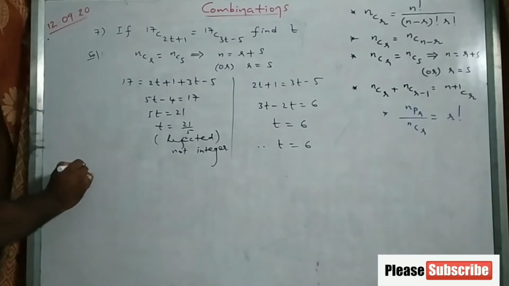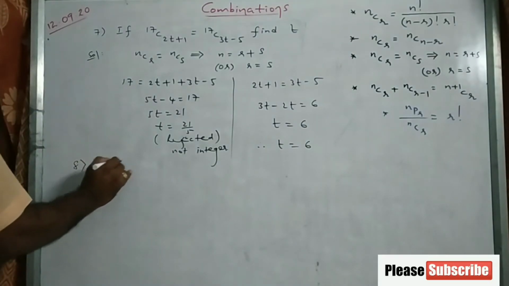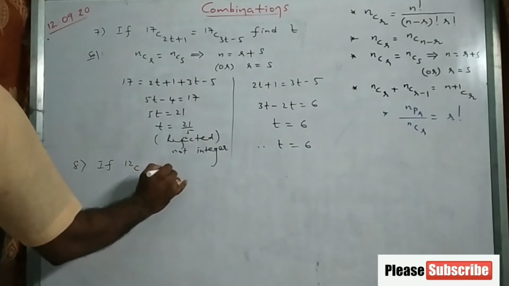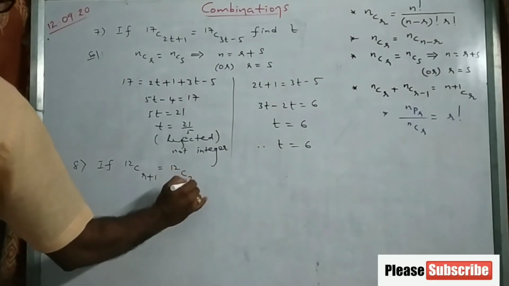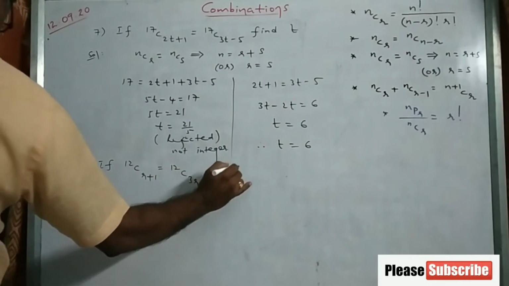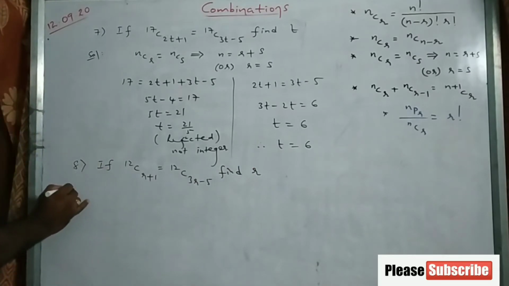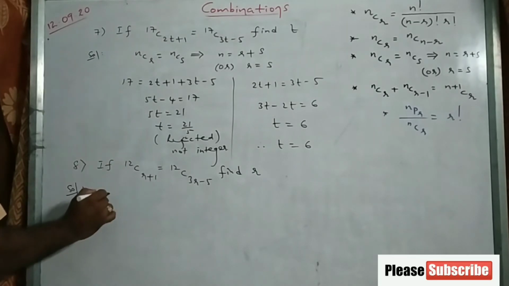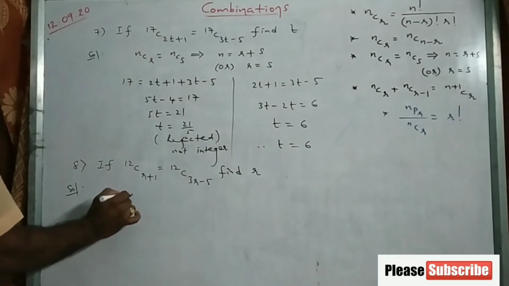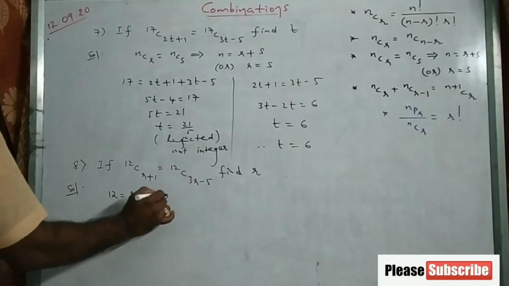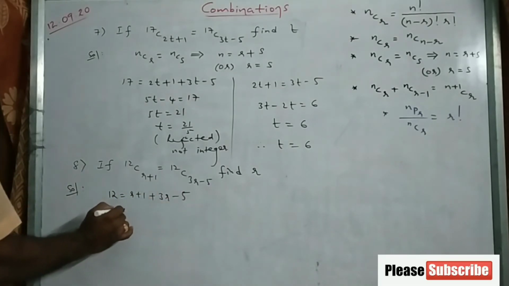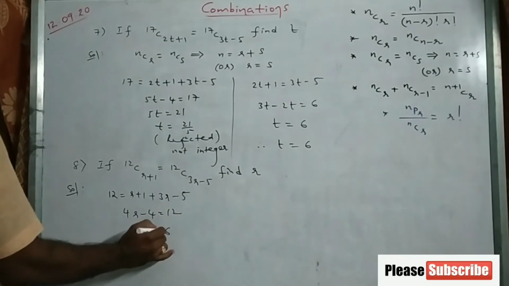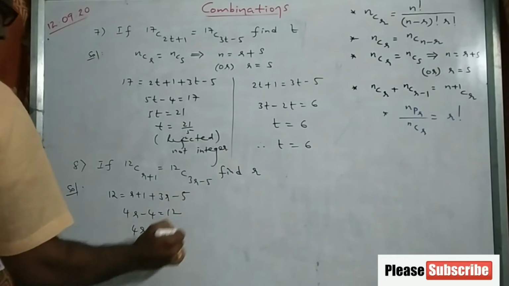Next one also same. If 12C(R plus 1) is equal to 12C(3R minus 5), find R. If NCR equals NCS, then I told you N equals R plus S. 4R minus 4 equals 12, 4R equals 16, R equals 4.